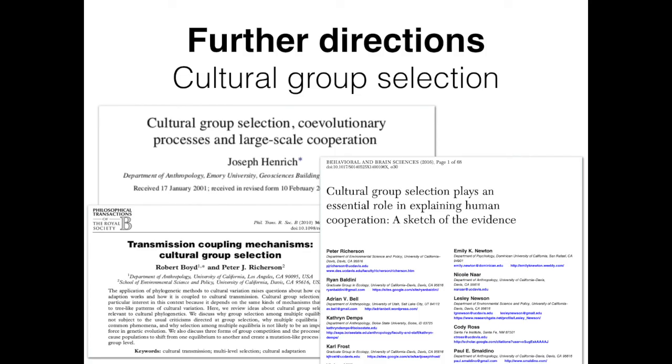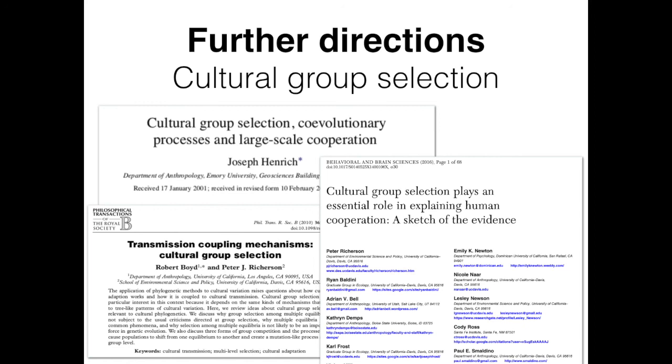But let's talk about future directions and other kinds of things that the study of norms and coordination can get us to think about. So one general topic is cultural group selection. So selection at the level of the group, for those who've taken evolutionary biology, is controversial when considering the evolution of genetic traits, just because it's not clear how often conditions are met that allow for that kind of selection.